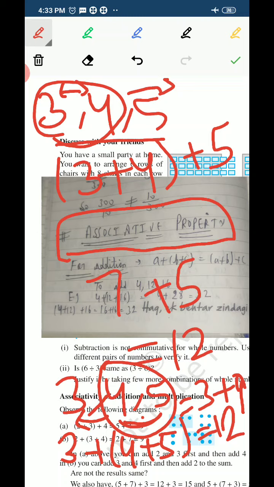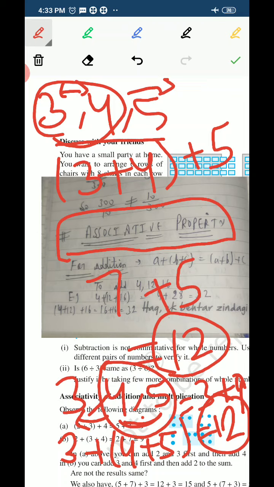The common thing between them is that after the association the answer in both cases is the same, and this is the proof of the associative property: however we associate the numbers, if the result is the same, it means the associative property is satisfied.